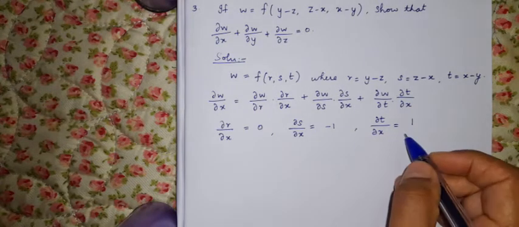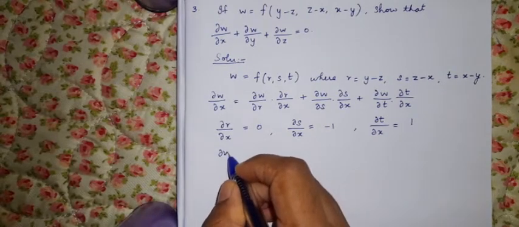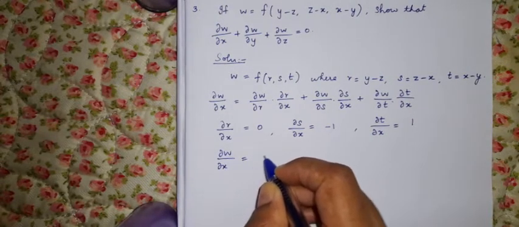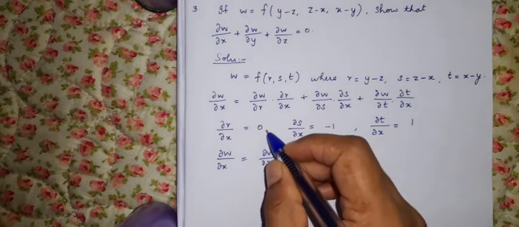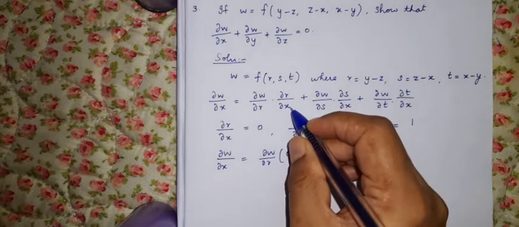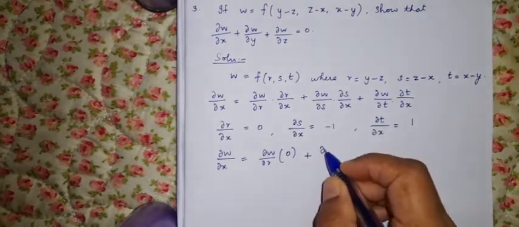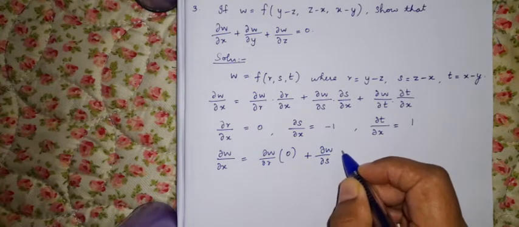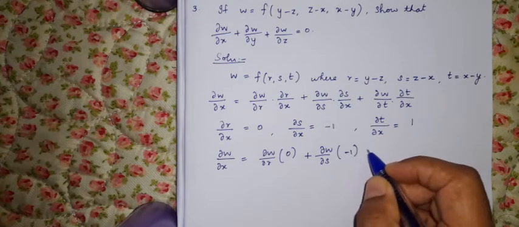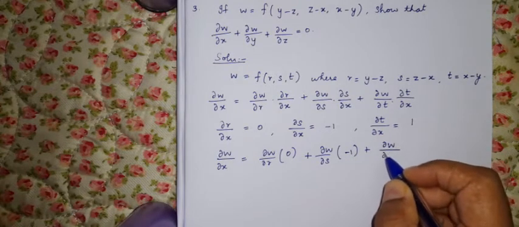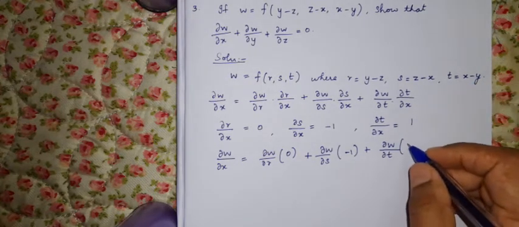Now we got all these terms. Just substitute these terms in this equation. So you'll have ∂w/∂x is equal to ∂w/∂r, we can write as such, and this 0 instead of ∂r/∂x, plus ∂w/∂s into ∂s/∂x which is minus 1, plus ∂w/∂t into ∂t/∂x which is plus 1.